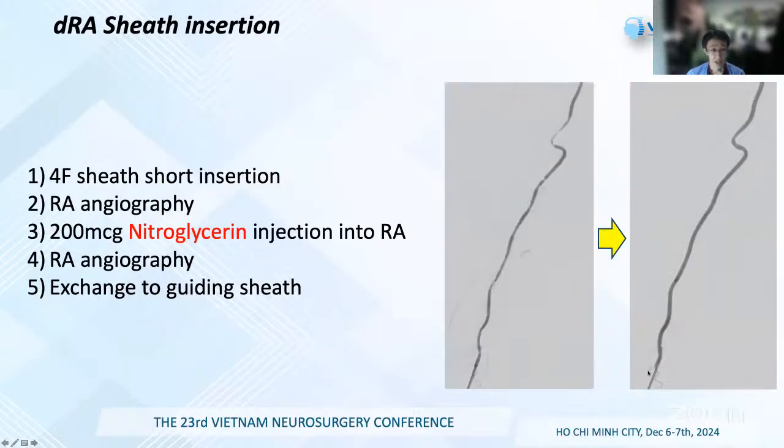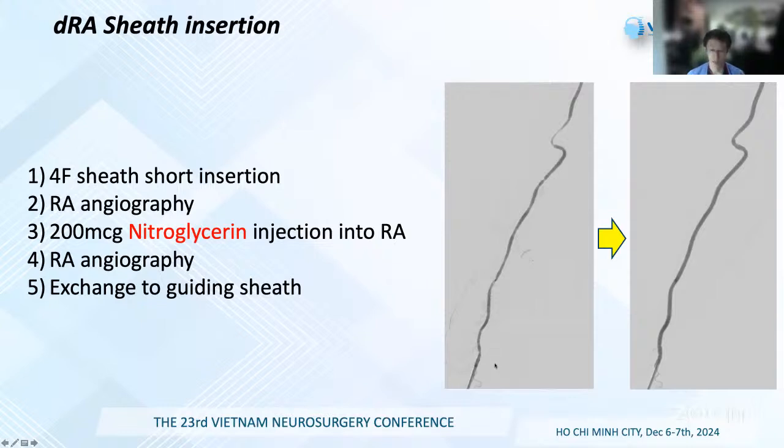So after that, we insert the sheath. This is the protocol for inserting the sheath. At first, we insert the 4 French sheath shortly, and after that we do the angiogram.